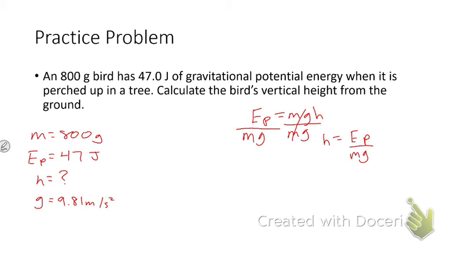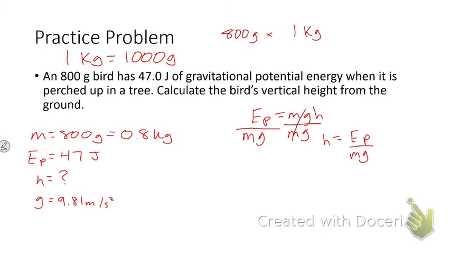In 1 kilogram we have 1,000 grams, so if I have 800 grams, I have 0.8 kilograms. If you want to calculate that, it would look like this: 800 grams times 1 kilogram over 1,000 grams. Your gram unit will cancel and you will be left with 0.8 kilograms.